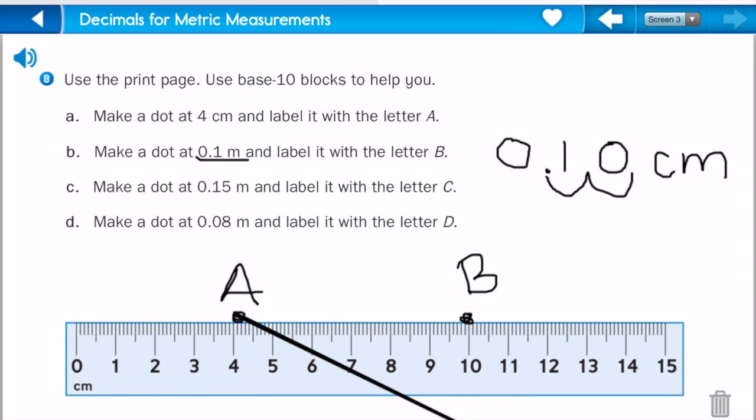Here is our next one. Let's try it on C. So let's move our decimal point over 2 places. 1, 2, and that equals 15 centimeters.